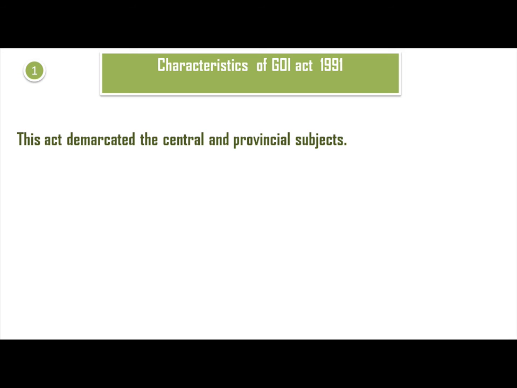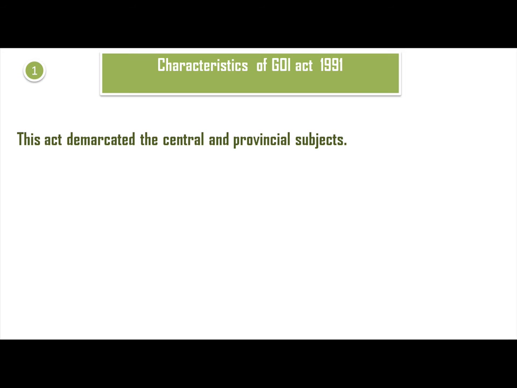What is the provincial government? The state government. So now we call it a state government, but at that time we called it provincial. Wherever you get the word provincial, it is nothing but state.